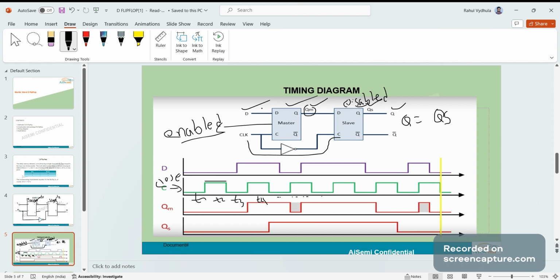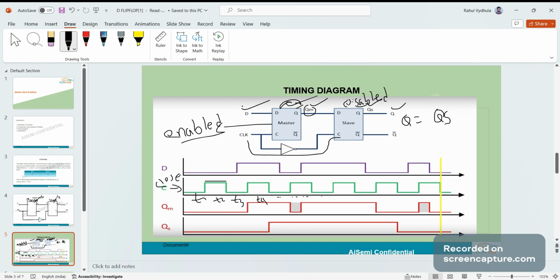When the D input changes, its Qm also changes accordingly. Why is it changing? Because it is in the enable condition. As the master is enabled, its Qm will change as per the value of the D input.